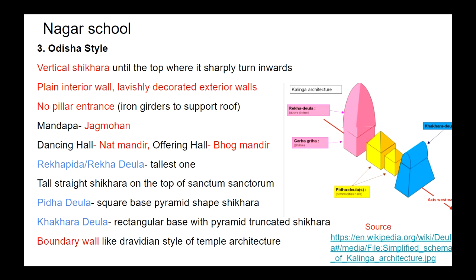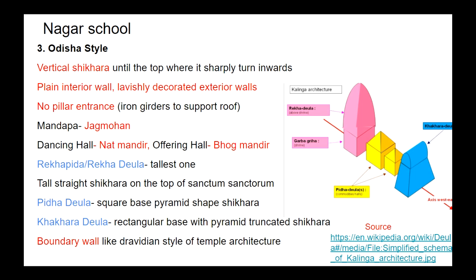Tall sikhar on the top of sanctum sanctorum. So you can see in the figure, the Rekha Dula sikhar was rising vertically, and at the top it sharply turns inward.